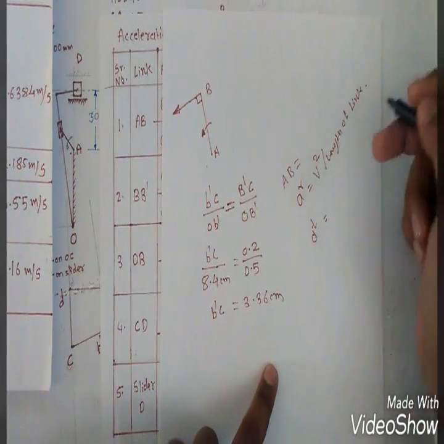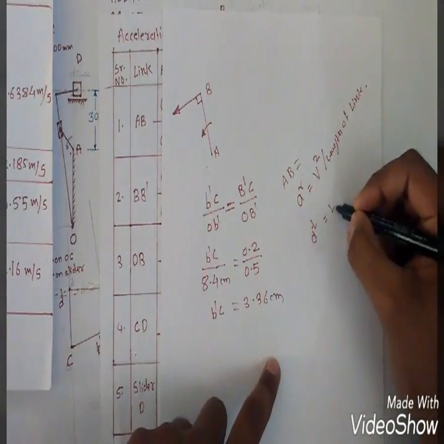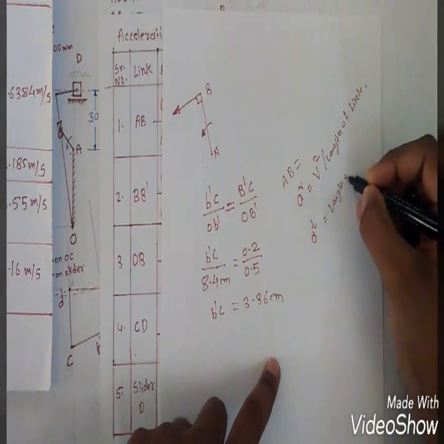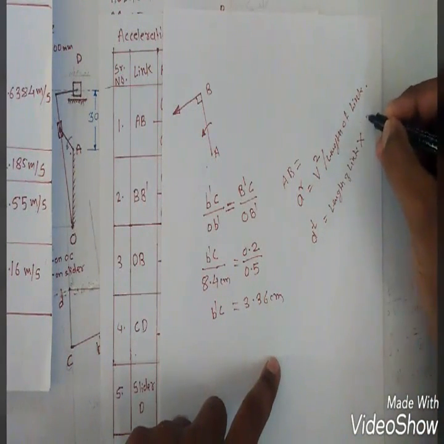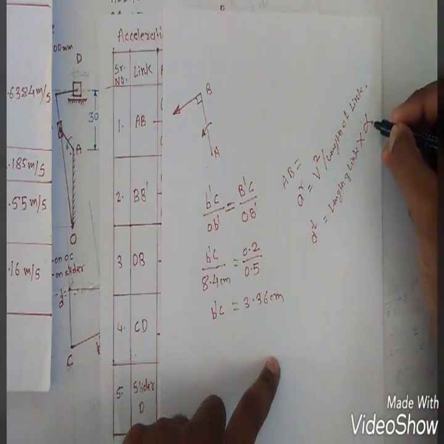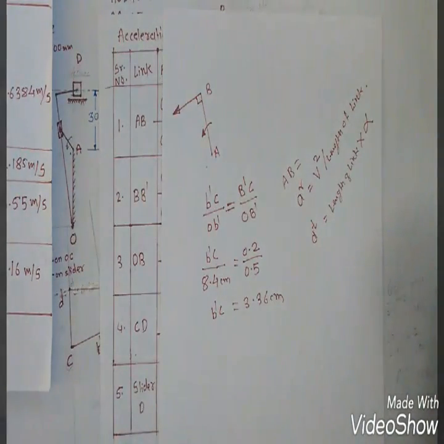V square upon length of link. And tangential acceleration is length of link into angular acceleration, where alpha is the angular acceleration of that respective link.